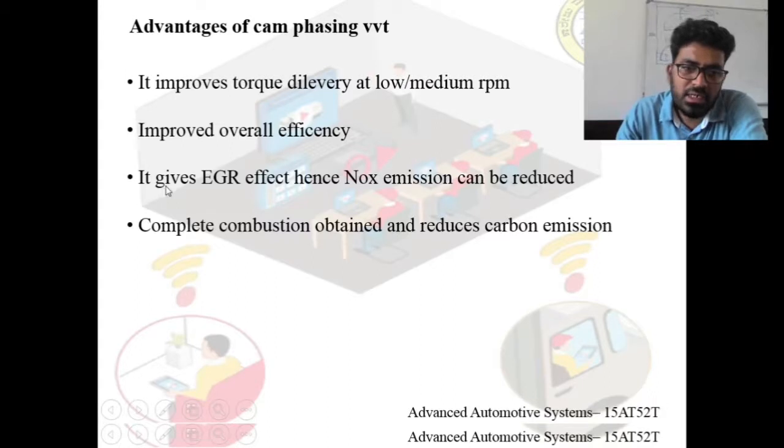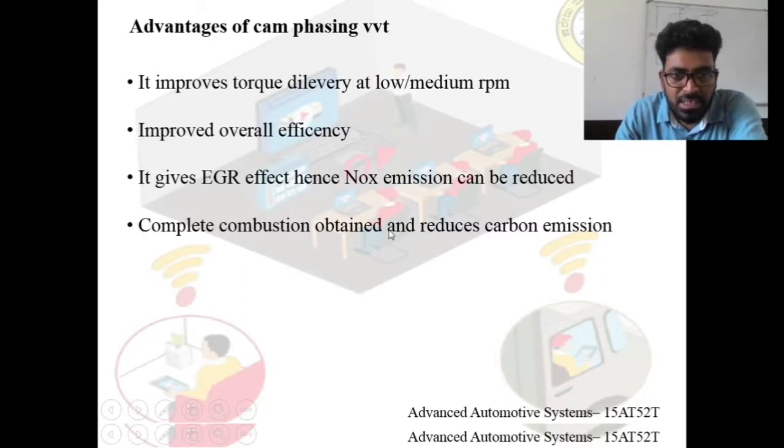You may know that if you read about EGR, exhaust gas recirculation, means if we recirculate the exhaust gas, the NOx emission can be reduced. How it will happen in this cam phasing VVT, I will tell you in the next slide.